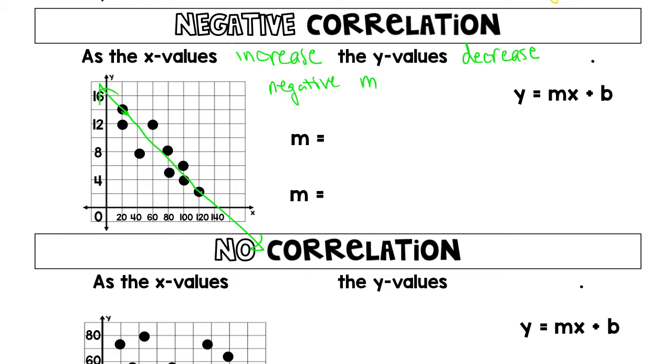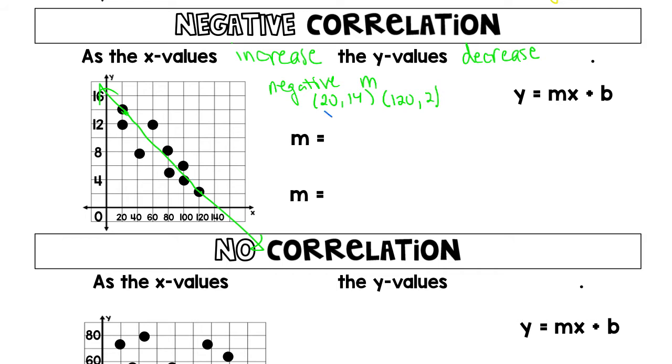Now we need to find the slope of this line so we can find the equation for the line. Our points are (20, 14), so when x is 20, y is 14, and the other point is (120, 2).